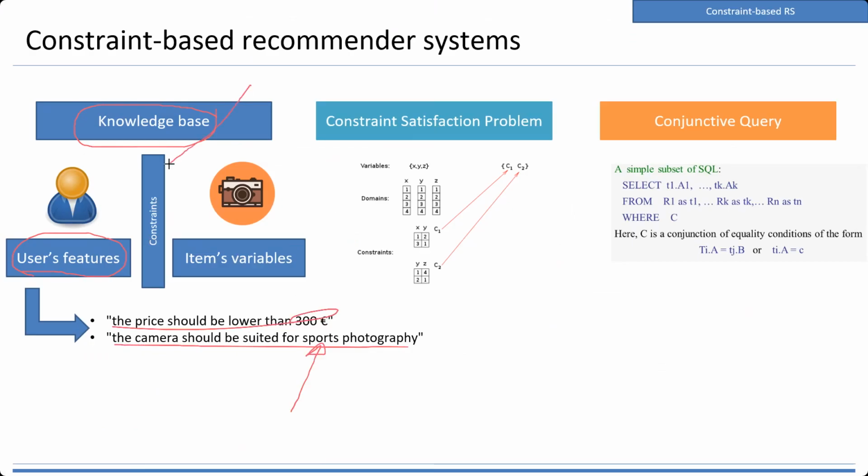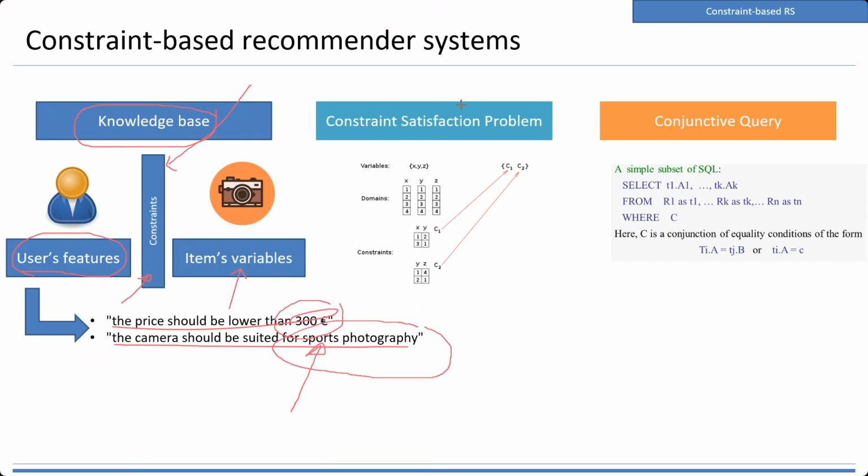Now the store, or maybe the vendor, needs to look at the constraints. Is there any product that fits this requirement? So they will check the item variables.